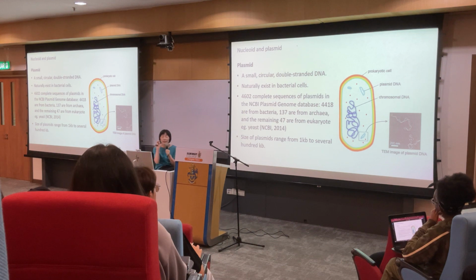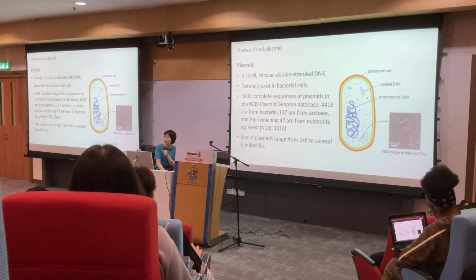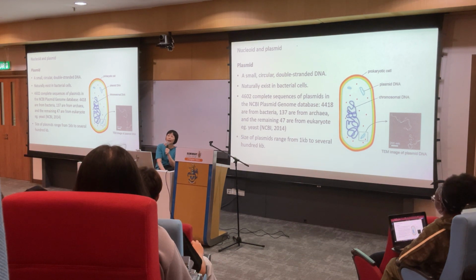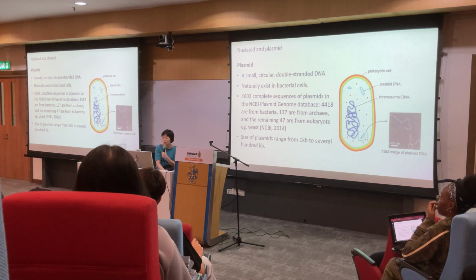They can turn into a supercoil form. Have you run a plasmid on an agarose gel? No? It's fine. When you run it on a gel, you can see they are in a supercoil, and that is an indication of it.